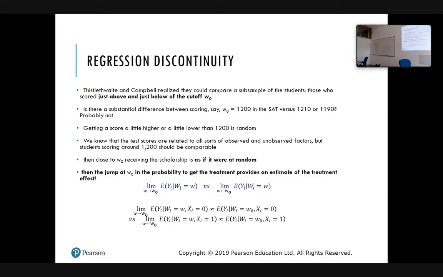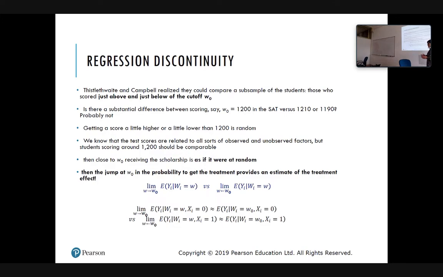If this is a way to clean for this endogeneity problem, then we can just compare the conditional mean of our future income of those who are just below W0, the cutoff value. So we compute the limit of W tending to W0 of the conditional mean of Y, and we compare this to the limit mean of the ones who are just above the threshold.